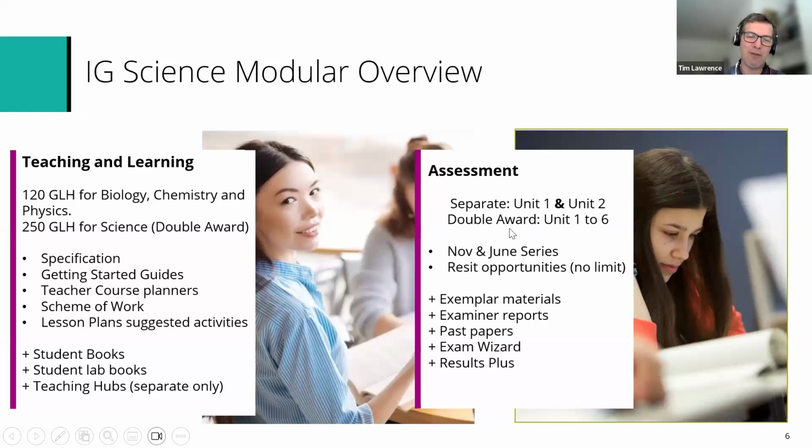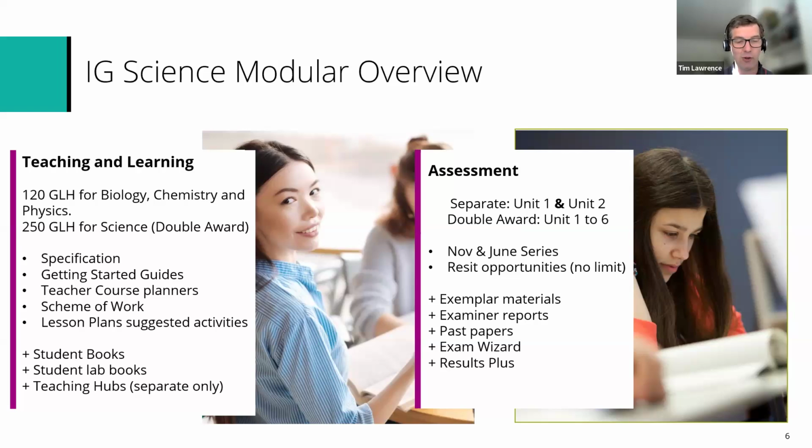So a little bit of an overview here of the course, key course materials. So you might be teaching two different versions of GCSE biology. We have the separate biology, chemistry and physics GCSEs. You might know them as triple award. I'll be using the term separate biology and separate sciences because you don't necessarily have to enter students for all three, depending on the particular context in your region, in your school.